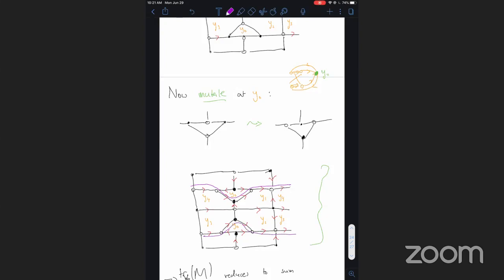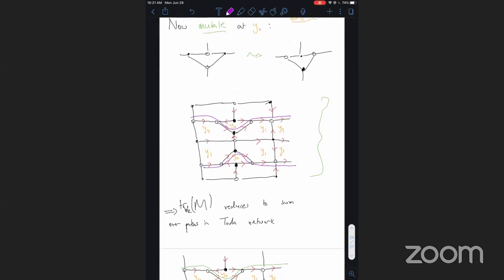And if now we pull our purple lines taut, pull them straight, then we see exactly the network we had that computed the SL3 total Hamiltonians from the beginning of the talk. So in other words, doing a single mutation takes the traces of the M matrix that were formerly the Macdonald operators to the traces of the Q matrix, which were the total Hamiltonians.